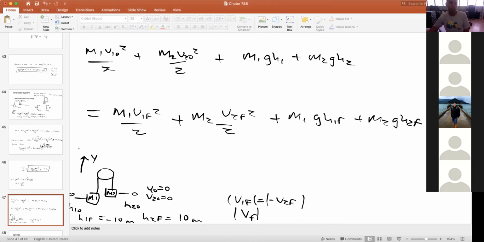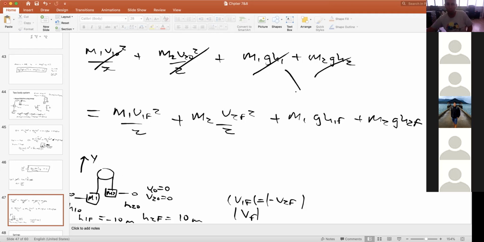So V1 initial, it starts from rest. V2 initial, it starts from rest. I chose H1 and H2, totally separate coordinate systems. I chose 0 to be where they start from. They don't have to be at the same initial height. I can just say that they're both starting from 0 and then figure out what their final height is.